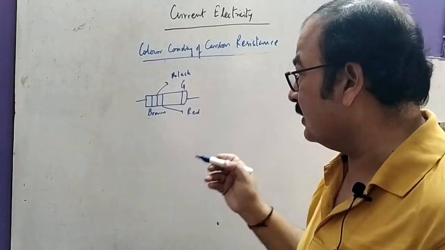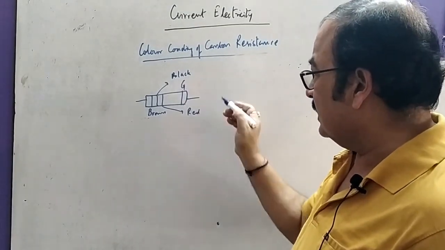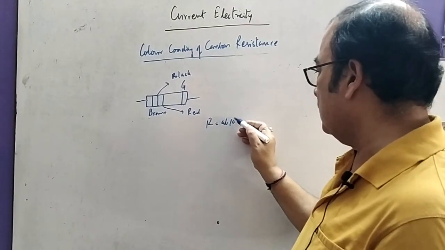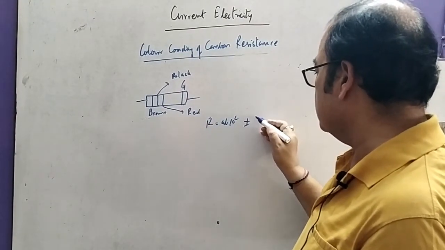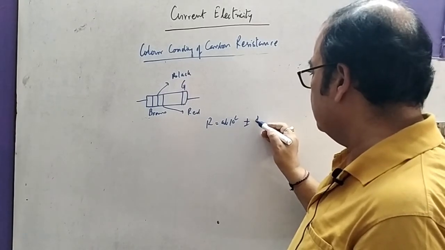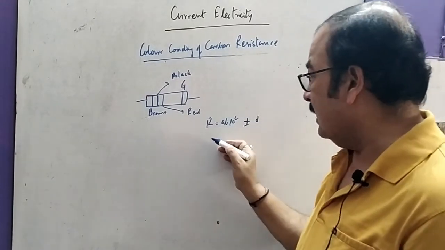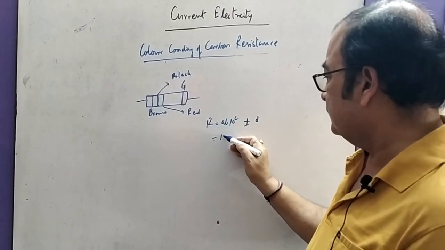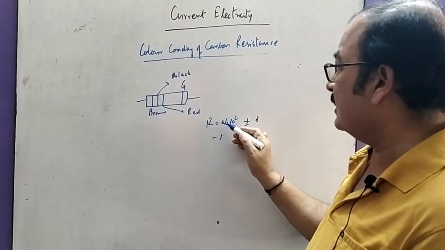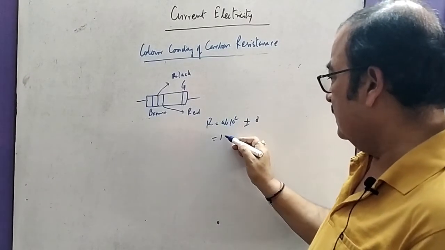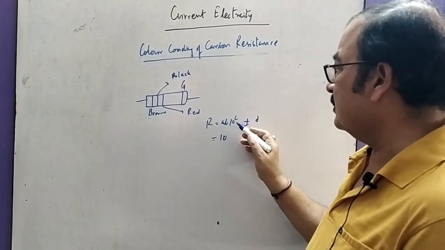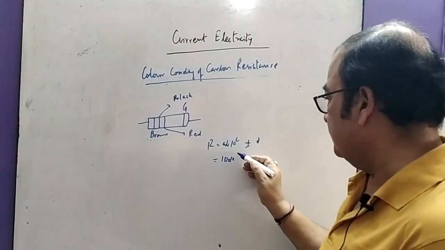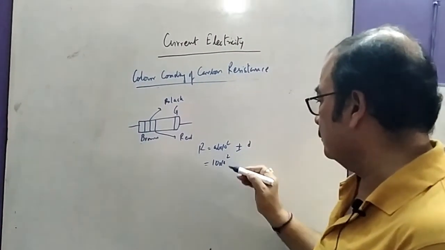According to our formula, R equals AB times 10 to the power C plus minus D. This is the general idea. Here A is 1, since brown is 1, and black is 0, and 10 to the power C is red, which is 10 to the power 2.